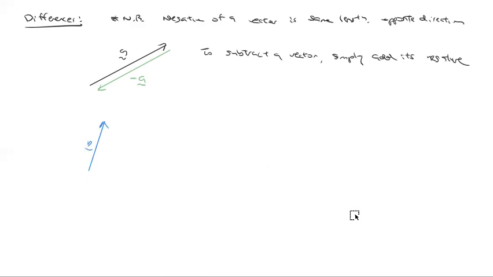So if you want B minus A, think of it as B plus negative A. So just draw B first. And then negative A looked something like that.